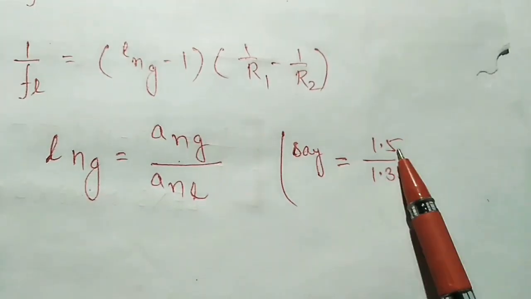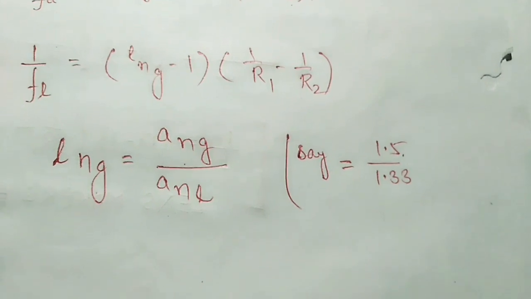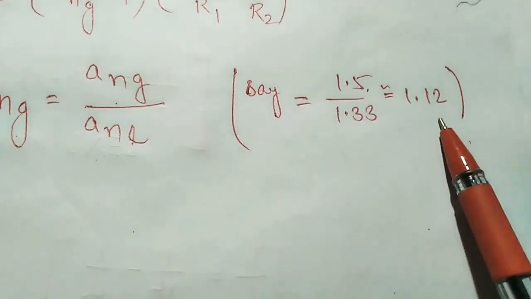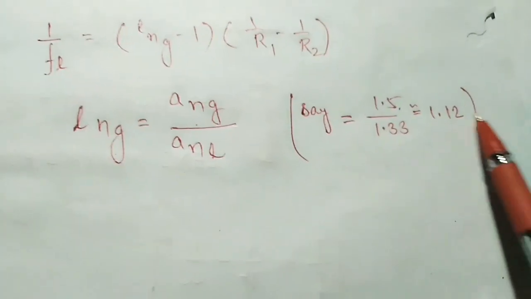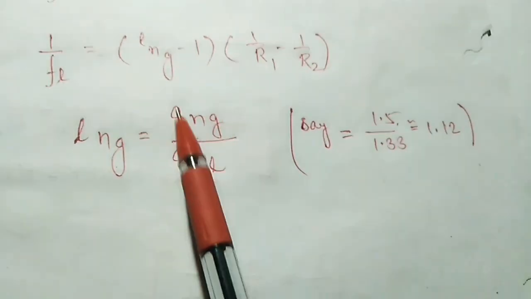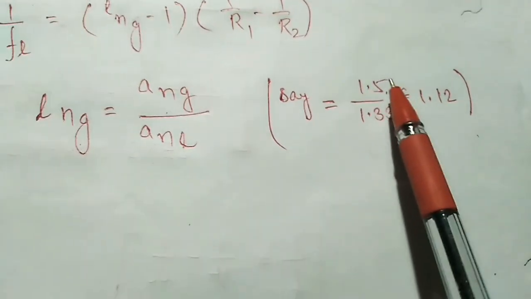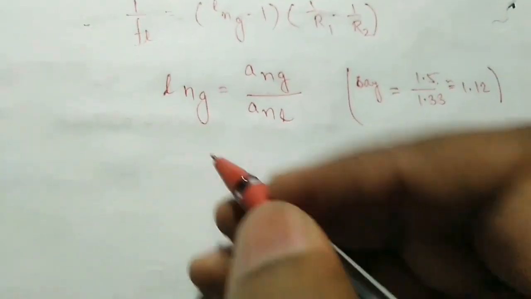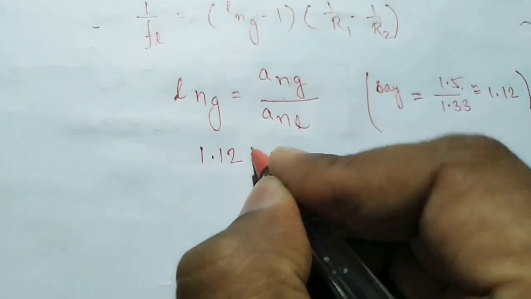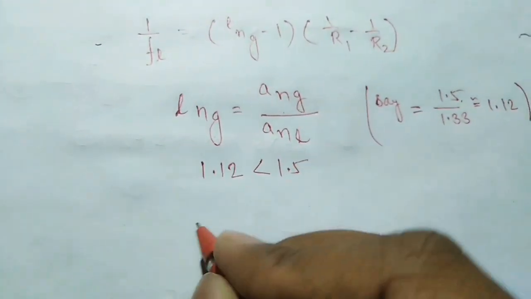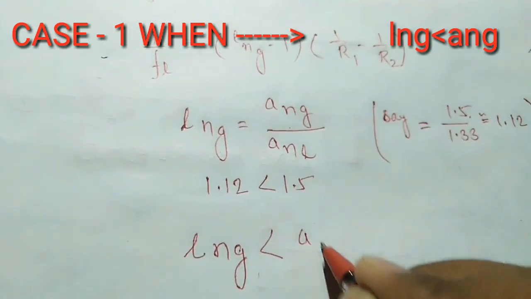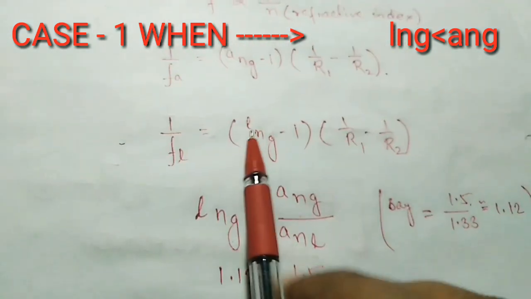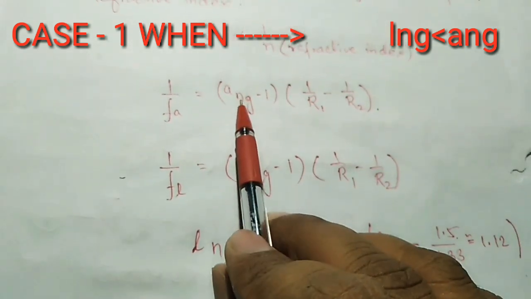Let the glass have refractive index 1.5 and the liquid have refractive index 1.33. Then Lng is nearly 1.12. So Lng is around 1 point something, while Ang is more than that. As 1.12 is less than 1.5, in the same way Lng will be less than Ang.